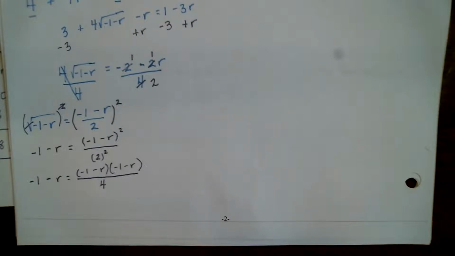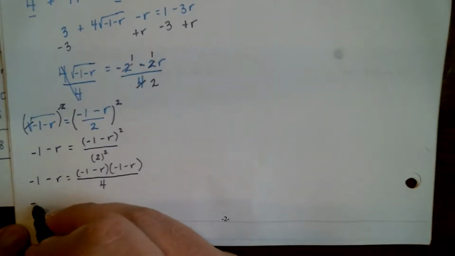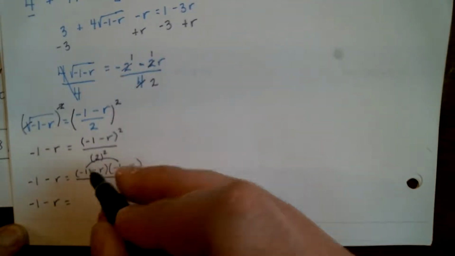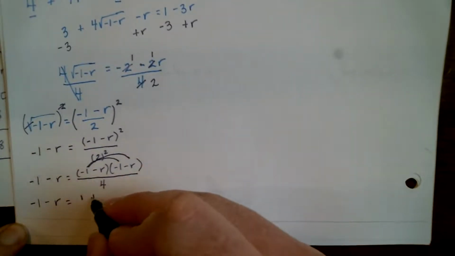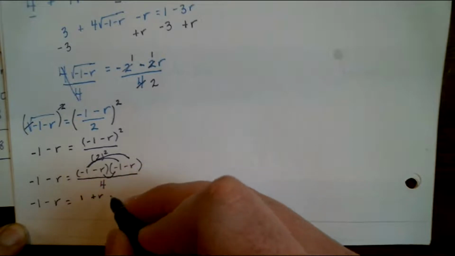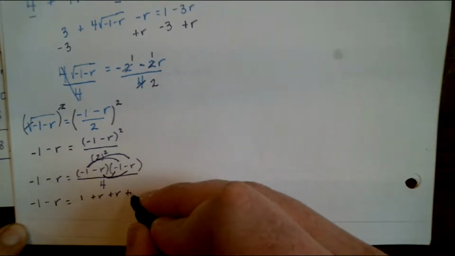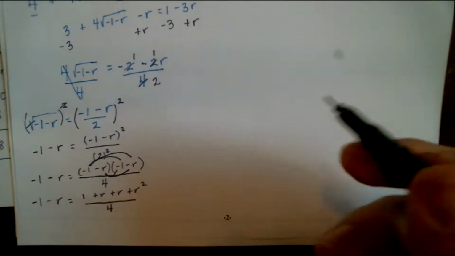Okay. So then from there, let's figure out what this is. So it'd be negative 1 minus r equals, go first, 1, go outside, plus r, inside, plus r, last, plus r squared. And all of that's over 4.